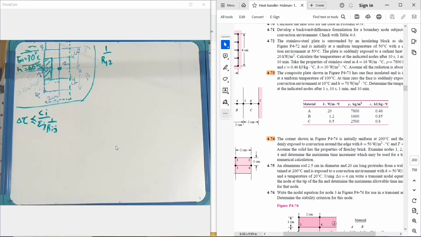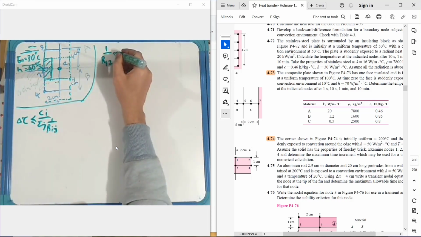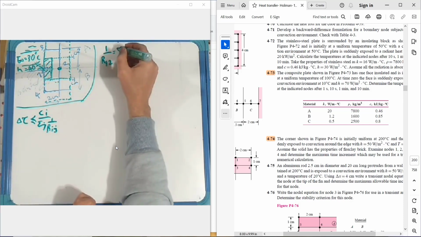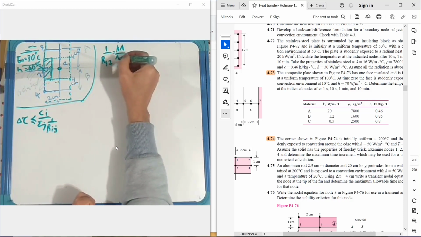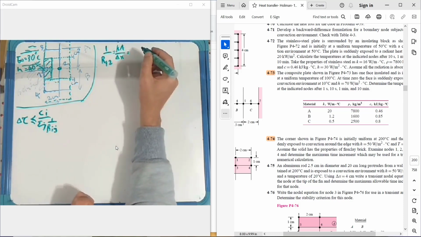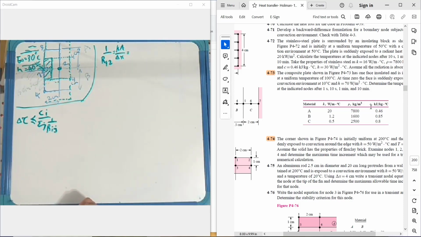Let's calculate 1 over R_1-2. What was the formula? k A over delta x. What is k?